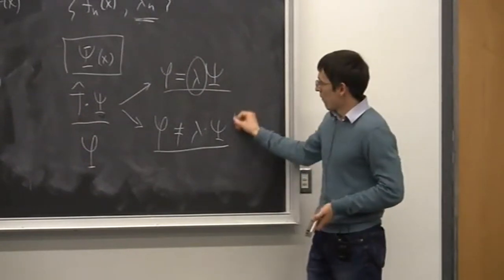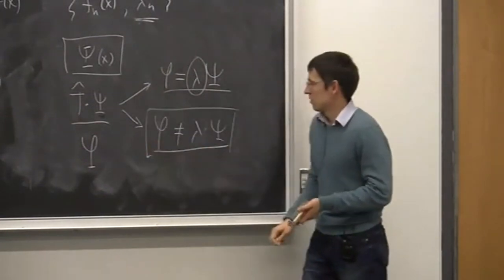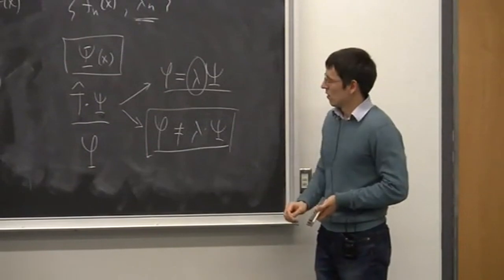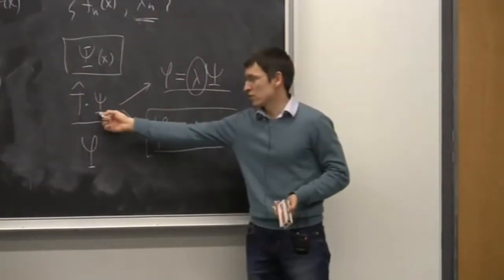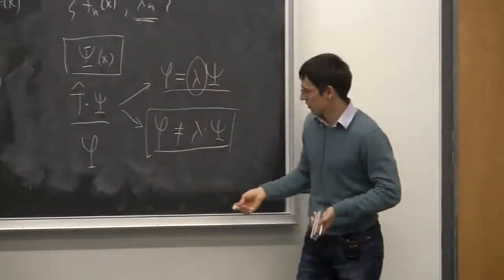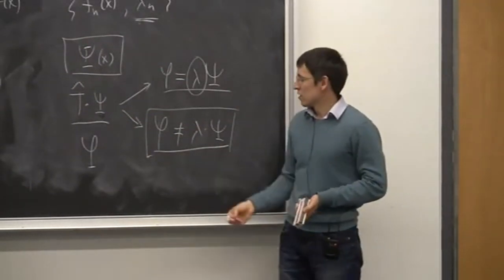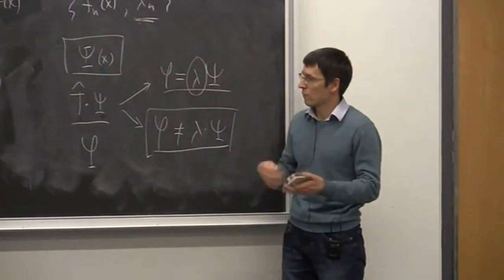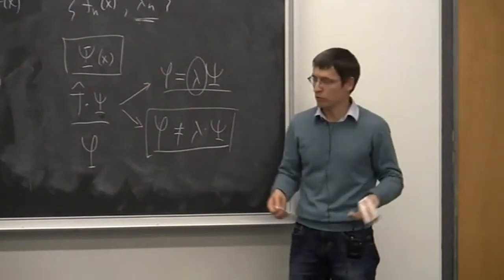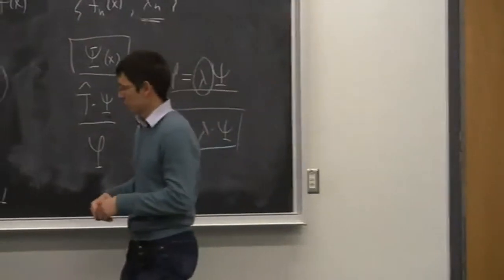But if our function is not an eigenfunction of the operator, then the result of the measurement is a little bit more complicated to figure out. But we will do it today on simple examples.